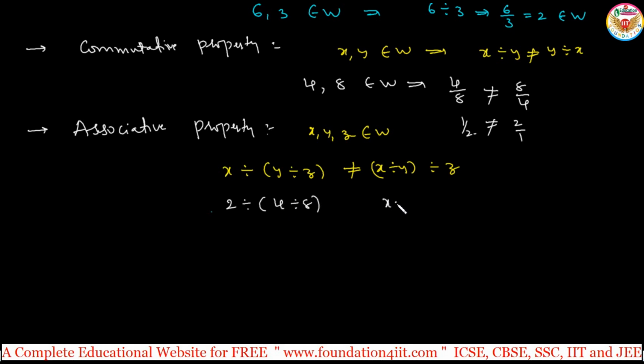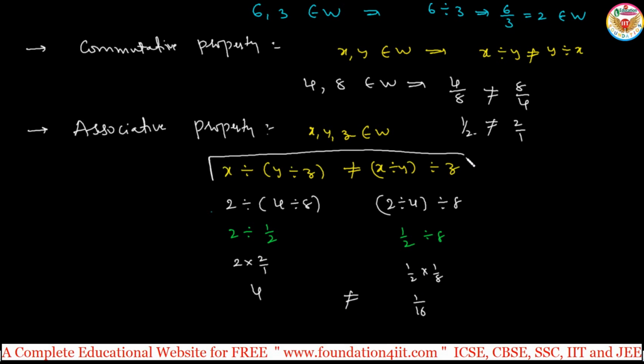Then 2 divided by 4 is 1 by 2, divided by 8, as per the rule, is 1 by 2 into 1 by 8, so it's 1 by 16. The two results are not equal actually. So the associative property does not exist, and division of whole numbers is not associative.